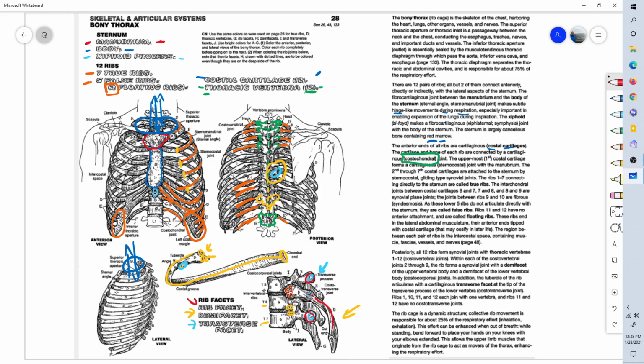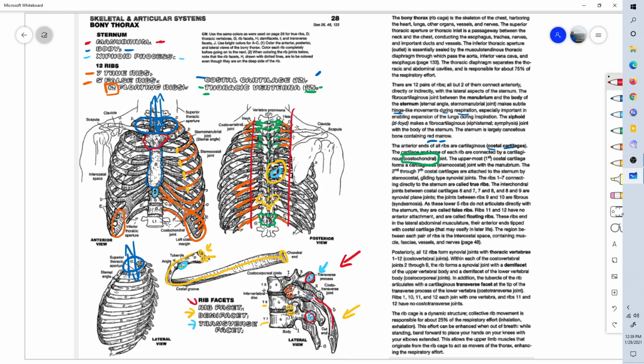And this setup with these costotransverse joints and costovertebral joints, they occur at all 12 vertebrae up and down the spine.